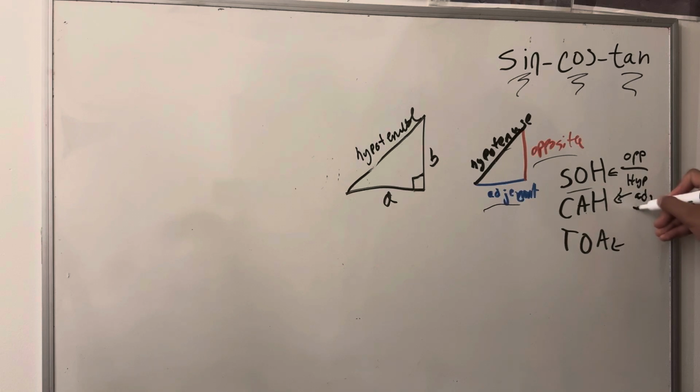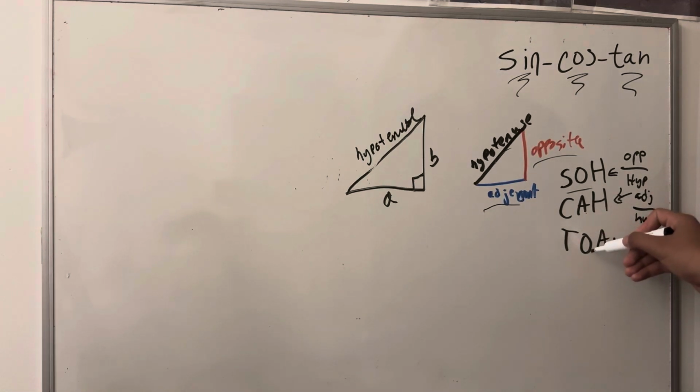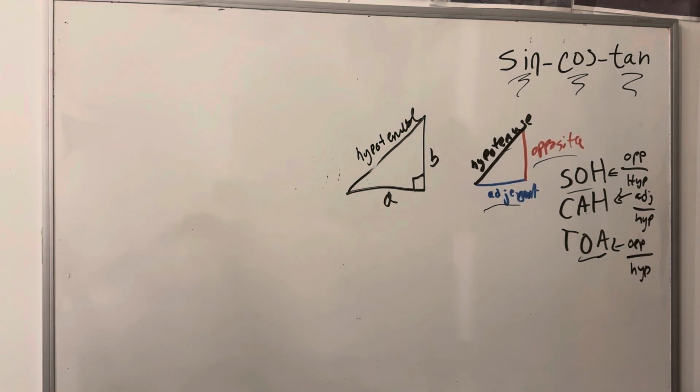And the last one, tangent, is known as opposite over adjacent. Now, I should probably color code these.